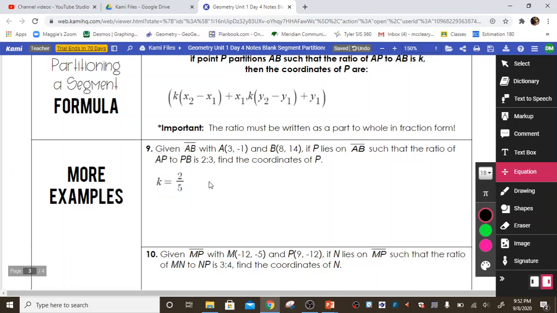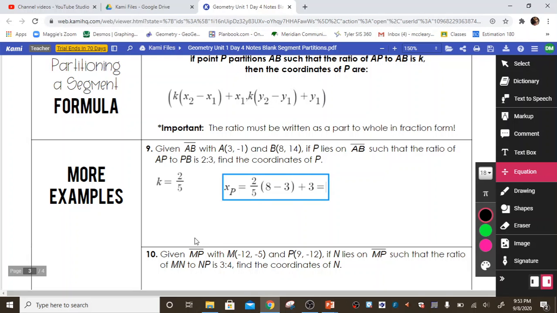And now we can find our x value and we can find our y value. So let's find the x value first. So we know that our x value, and I'll just put this as x sub p, equals k, so 2/5 times, and we have to make sure we do this in order, so we're going 8 minus 3, and then plus that initial point again.